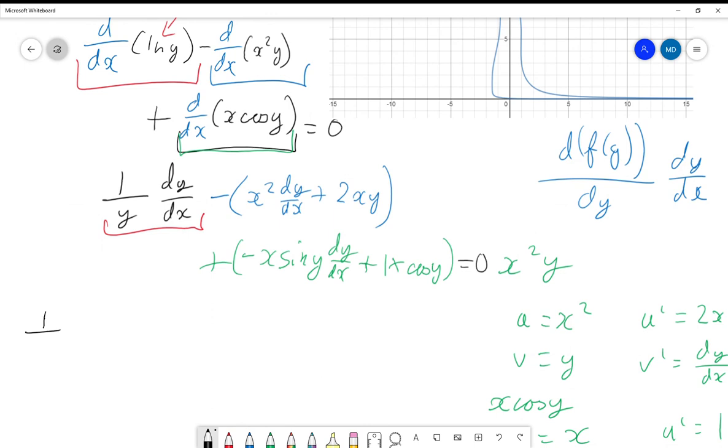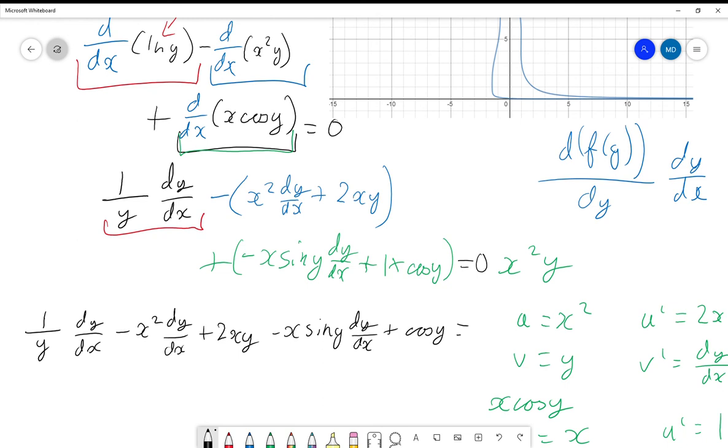So we get 1 over y dy by dx minus x squared dy by dx plus 2xy minus x sine y dy by dx plus cosine y equals 0. And now we want dy by dx, so again we're just going to rearrange.